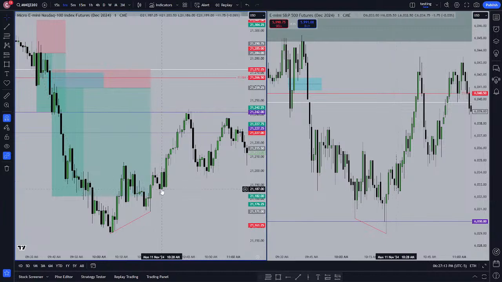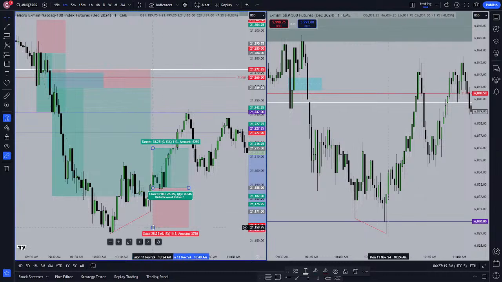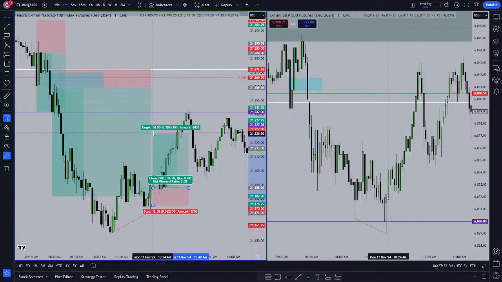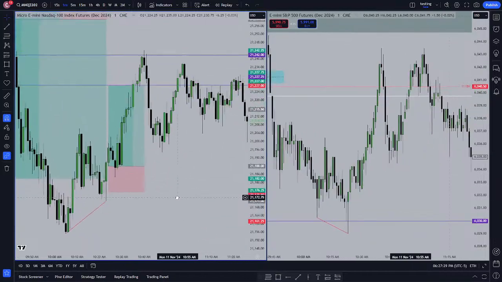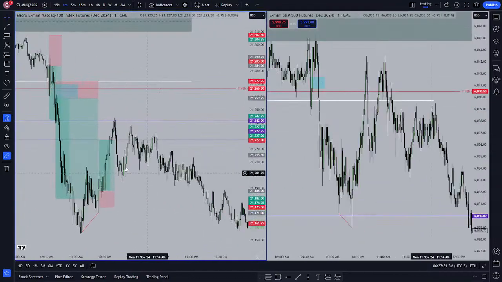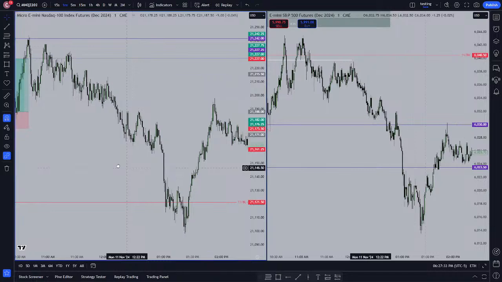If that body stops like that, you could be a buyer from this with the stop there, target here. Go to there. Now your target would be here.